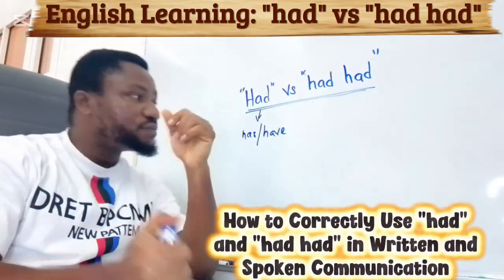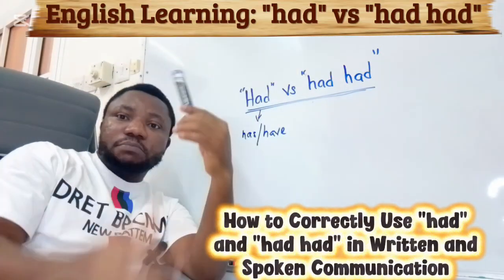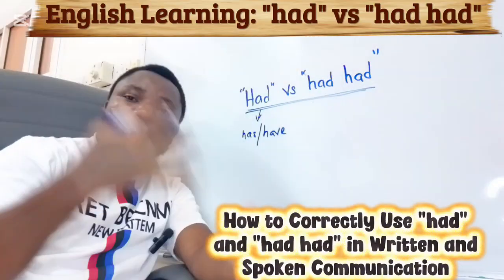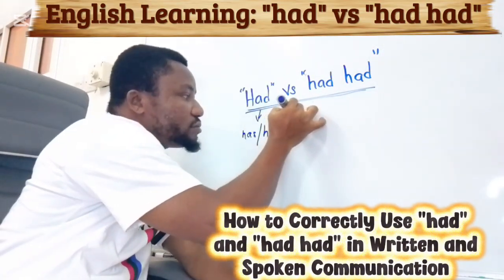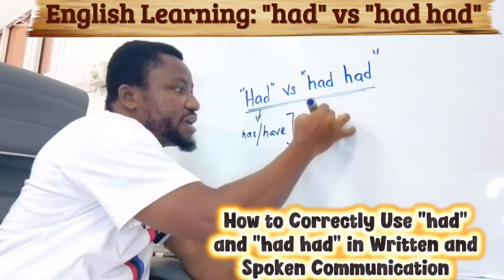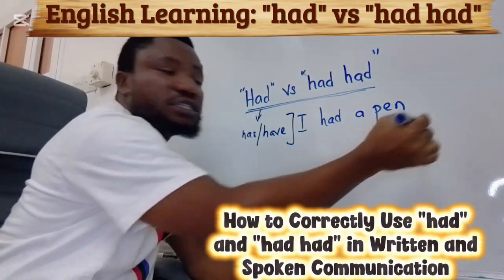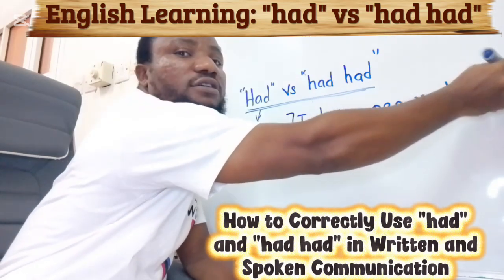For example, I do have a phone right now, I do have a pen in my hands right now. Let's say I want to talk about what happened yesterday. A single event, I would say, I had a pen yesterday. I'm trying to check if I'm still within frame.